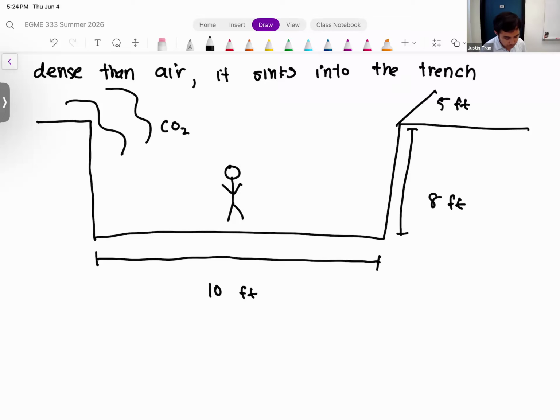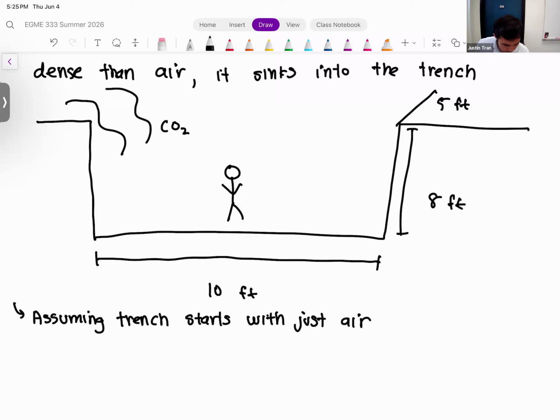Okay. So let's assume that we're starting from rest conditions. So let's assume that the trench initially is filled completely with just air. And let's also assume that we know the flow rate of CO2 into the trench.